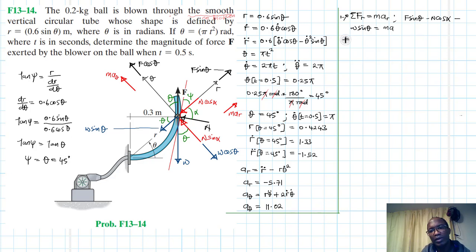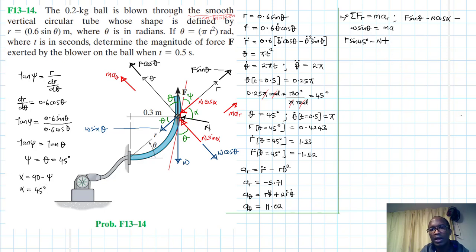So let's finish off this. So we'll have F there sine 45 minus N, and then our alpha is just equal to 90 minus psi. Therefore alpha is just equal to 45 also.